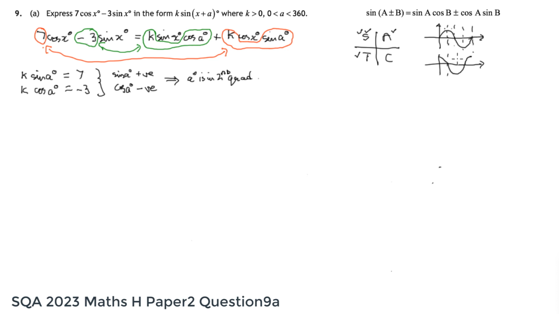And for cosine to be negative, you can see there, second quadrant, third quadrant. The graph is below the x-axis. So definitely A degrees is in the second quadrant.